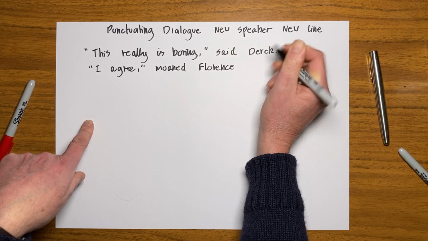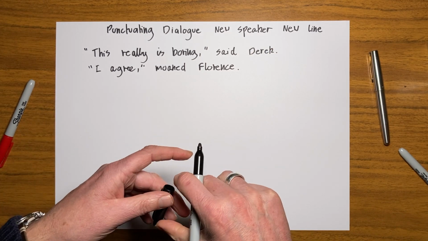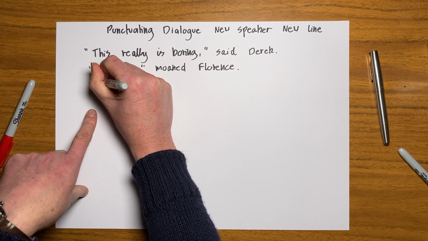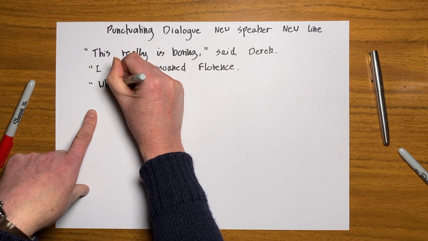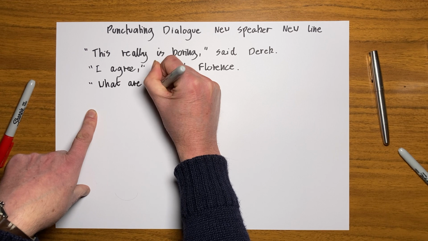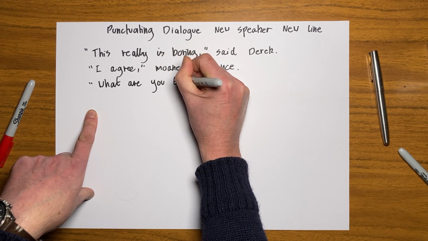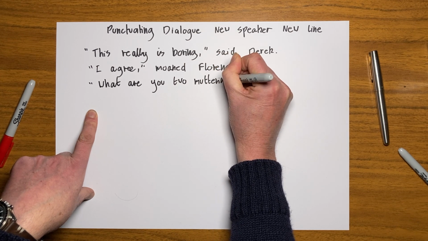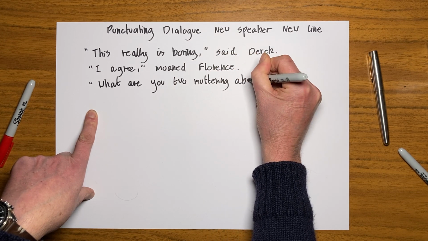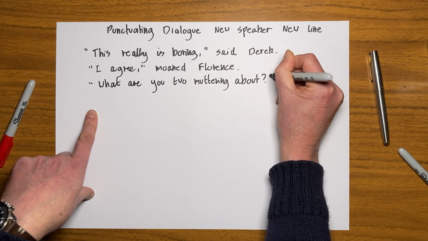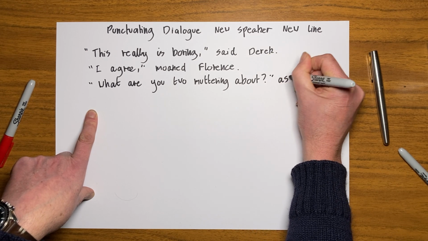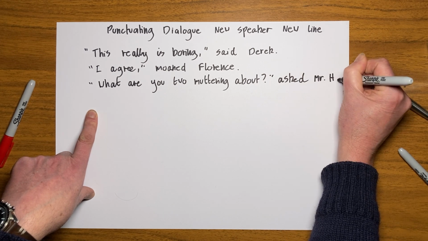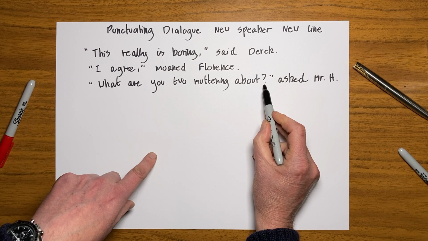Now, unfortunately, the teacher has heard these two chatting at the back of the class, so he comes up: new speaker, new line. "What are you two muttering about?" asked Mr. H. Now notice I've got my piece of punctuation here.